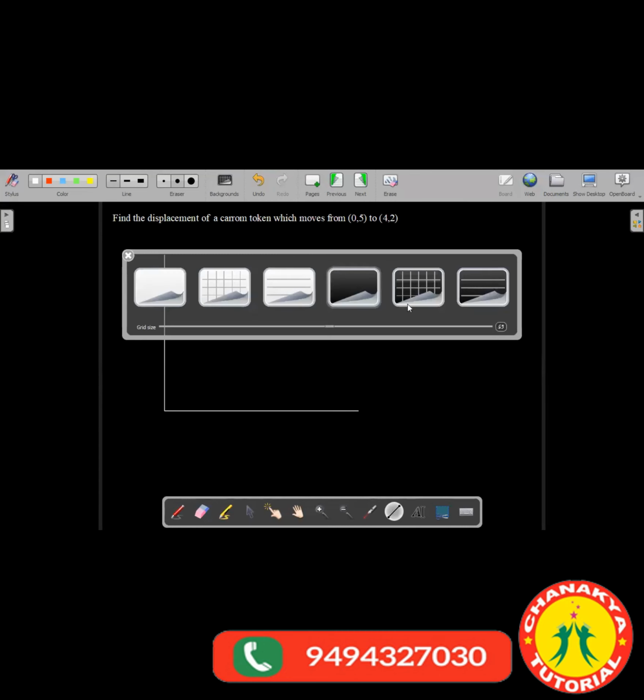Okay. So in this way, we have to find the displacement. Displacement means we have to find the magnitude as well as the direction. So if I represent it using coordinates, let's make it simple with coordinates.